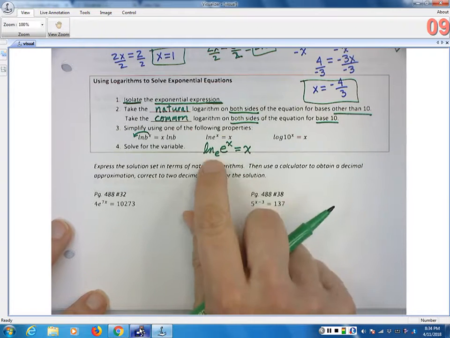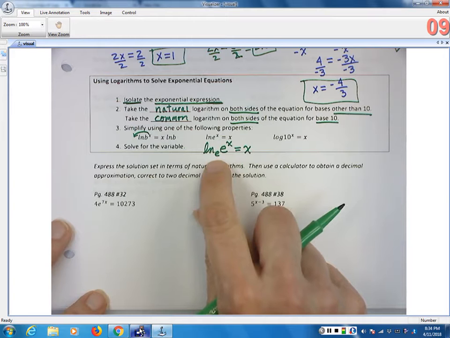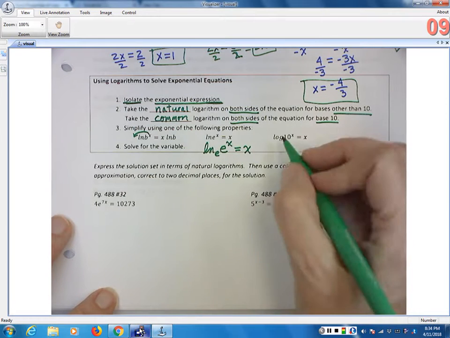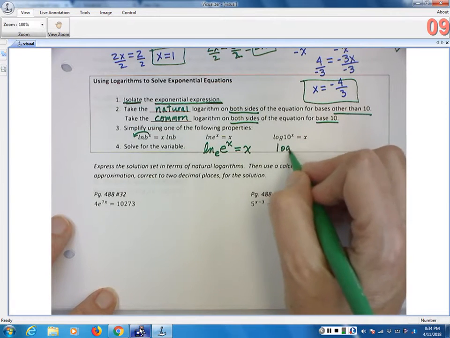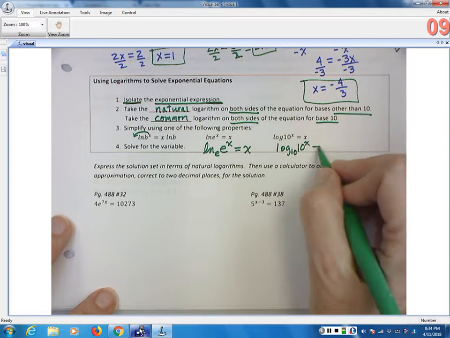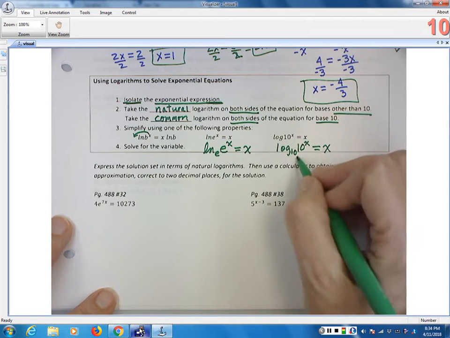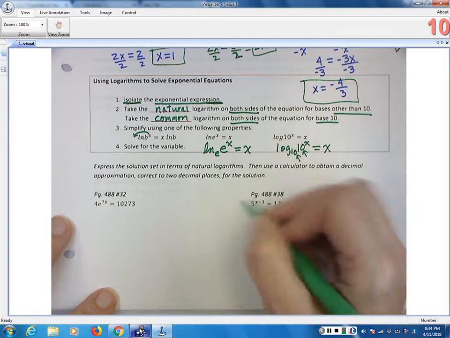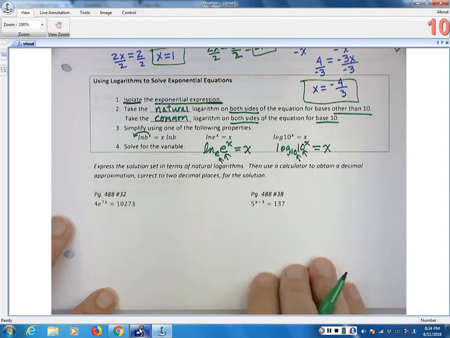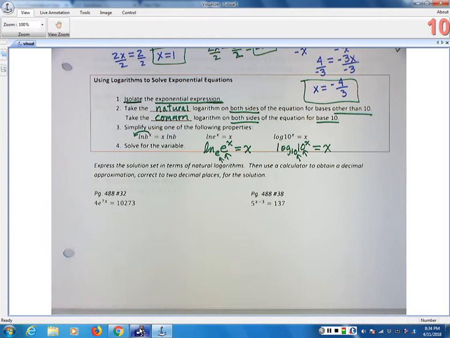This is because they have the same base, they're inverses, they undo each other. Same thing here, this is log base 10 of 10 to the x, that equals x. The bases match, they're inverses, they undo each other. These are the inverse properties for natural log and log base 10, common log.